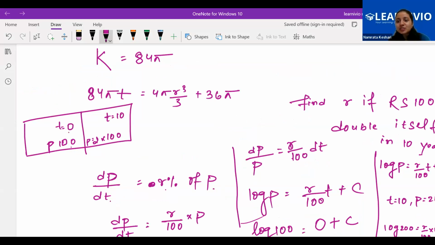It is not 10G. Log P. In the place of P, I am trying to write 200. And that is log. Getting it? Yes, ma'am. Just a moment.